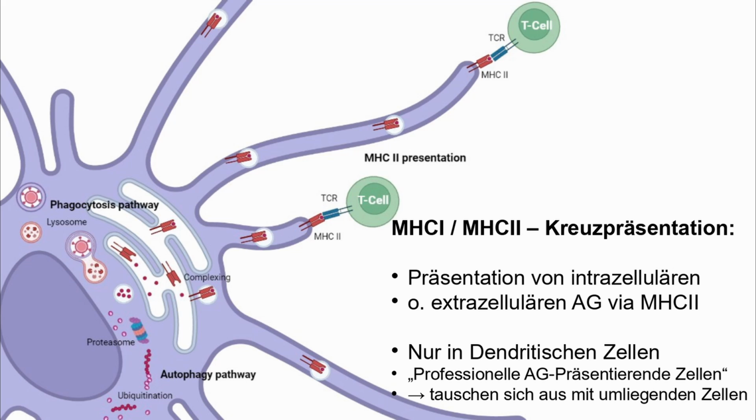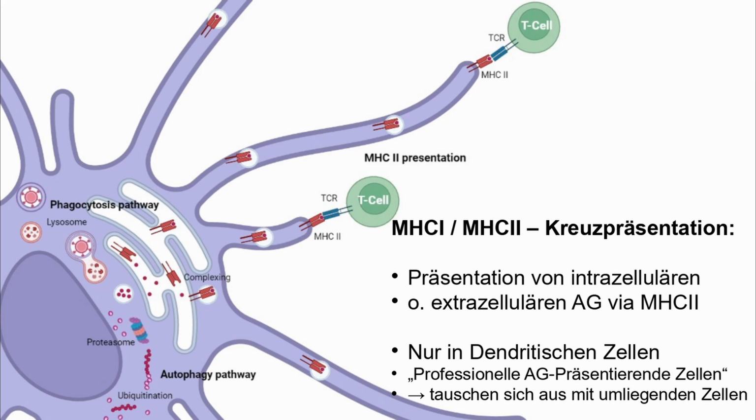In addition to the antigen presentation in epithelial cells, there is a very special type of cell in our lymphatic organs, which can combine the extracellular and the intracellular way of antigen presentation. In our lymphatic organs, these so-called dendritic cells are constantly in contact with the surrounding cells and foreign antigens from our lymph fluid.